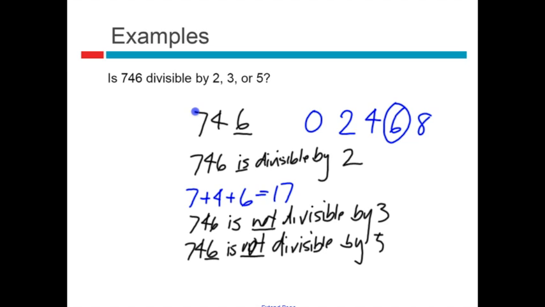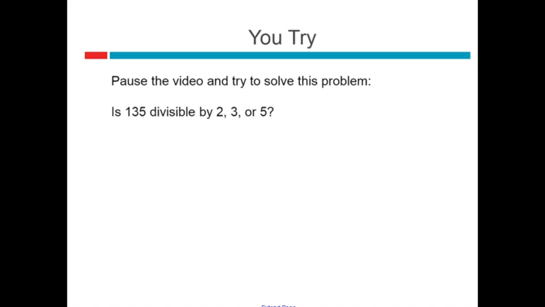Okay? So we learned that of the 3 numbers we're trying to divide by, 746 is divisible by 2, but it's not divisible by 3 or 5. So that helps us when we're trying to factor a number.